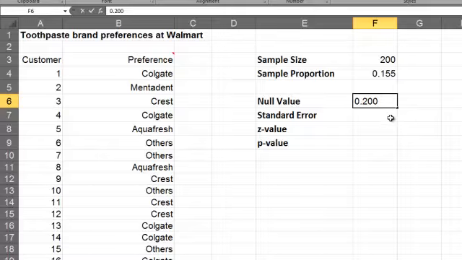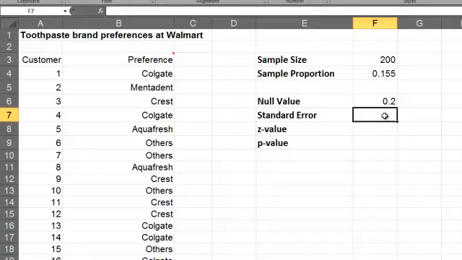And our standard error, which we'll need, is going to come from the function that we've already shown, which is the square root of the null proportion times 1 minus the null proportion, all divided by the sample size. And again, that's all within the square root. So SQRT of, and first I'm going to take my null value.